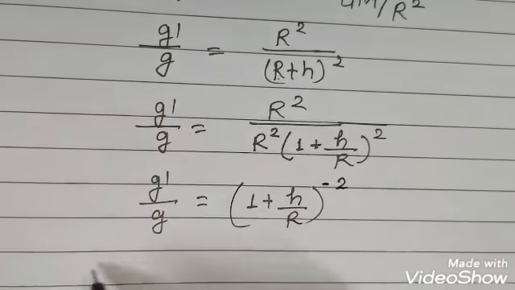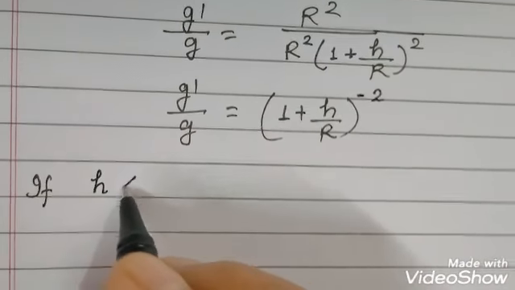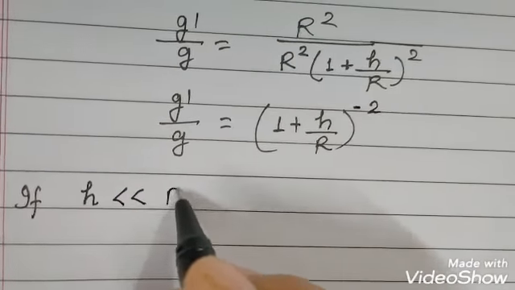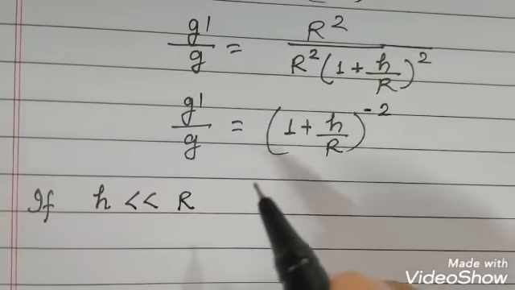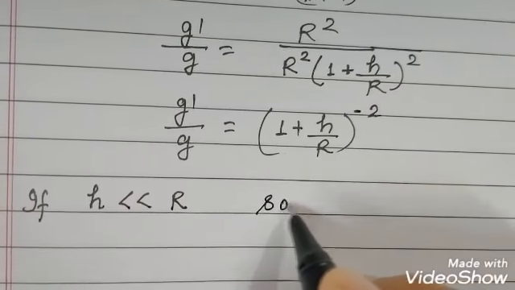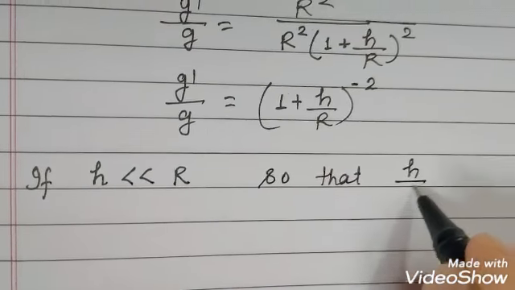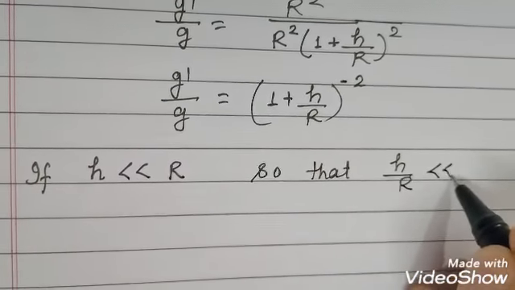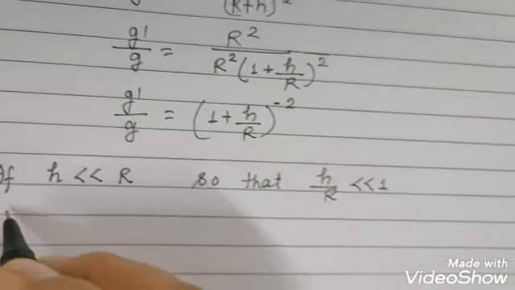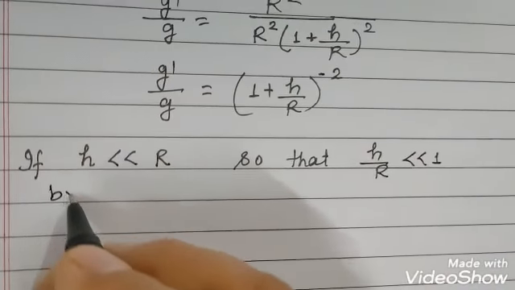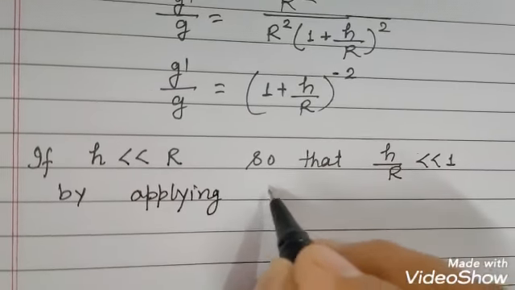Now if h is very small in comparison to the radius of the Earth r, that means h upon r is very much less than 1, in such case we'll apply the binomial theorem.